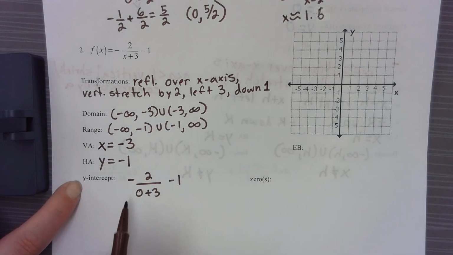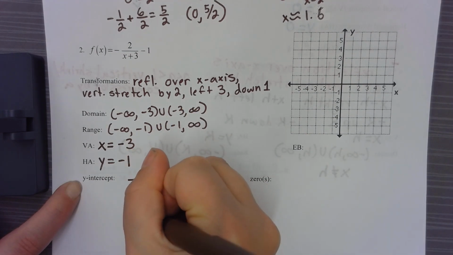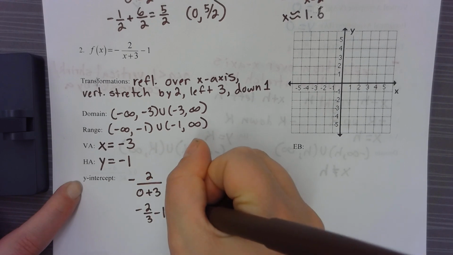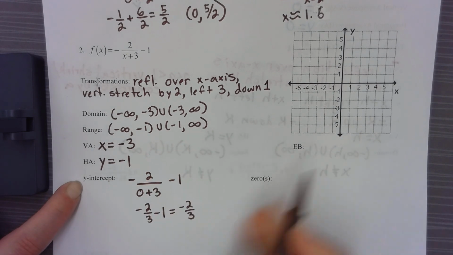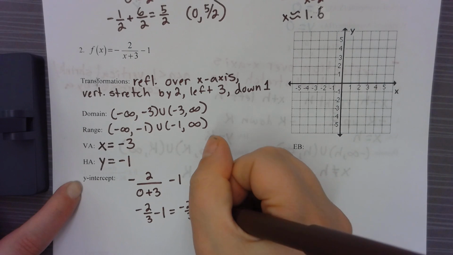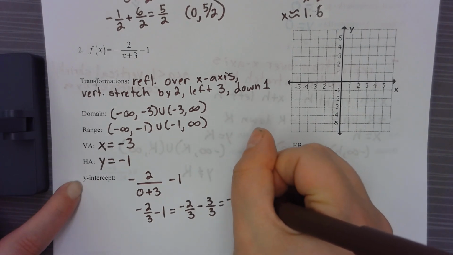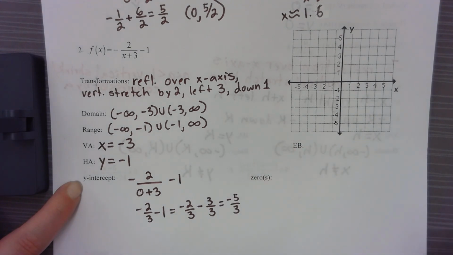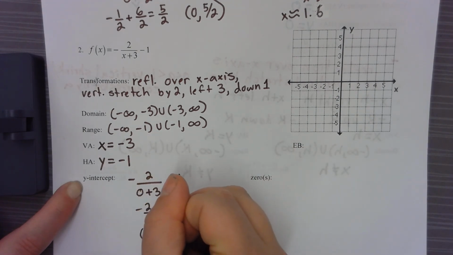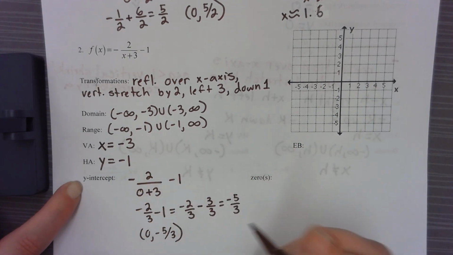This one is going to give me negative 2/3 minus 1. So I am going to have to get that with a common denominator. I can rewrite 1 as 3 over 3. So really this is going to be negative 5/3. And so we'll write this as 0, negative 5/3.